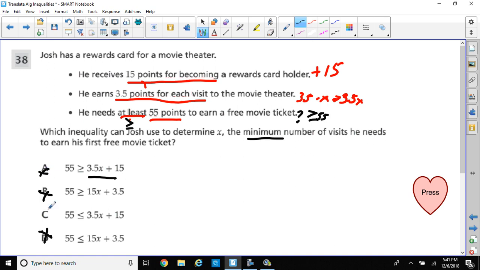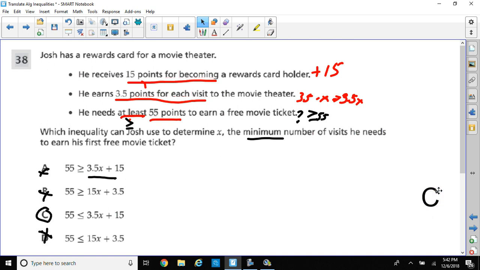The answer has got to be choice C. He has the 15 points, and 3.5 points every time he goes to the movie theater, so I multiply that by the number of times he goes and add 15 to it. That has got to be greater than 55. So I'm going with choice C. Let's take a look and see what we got. Choice C is our answer.